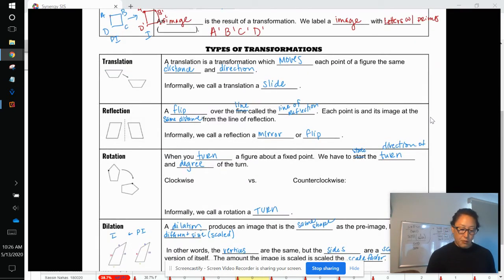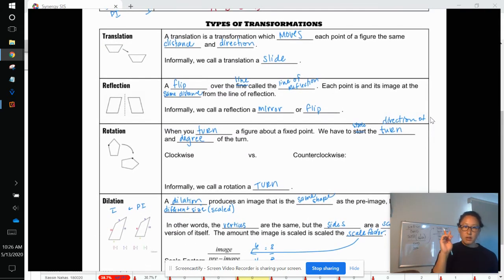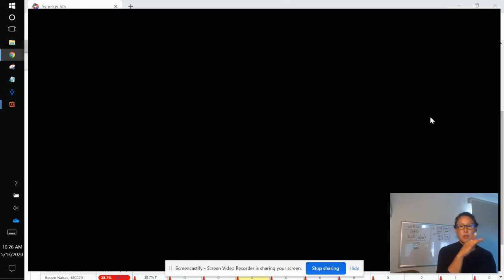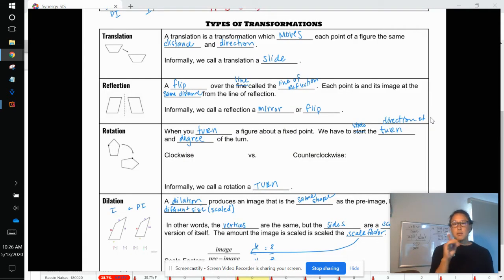Okay, there are four types of transformations: translation, reflection, rotation, and dilation. A translation is when the shape, the object, the graph is moved, and each point is moved the same distance and direction. Informally, we call the transformation a slide.